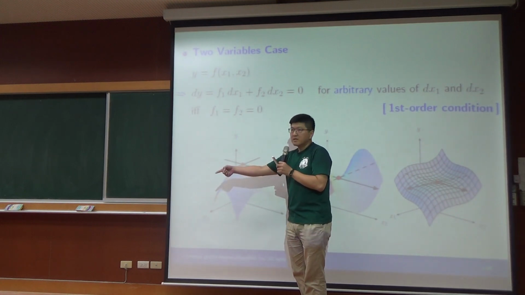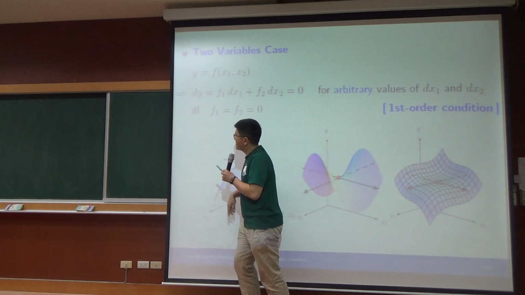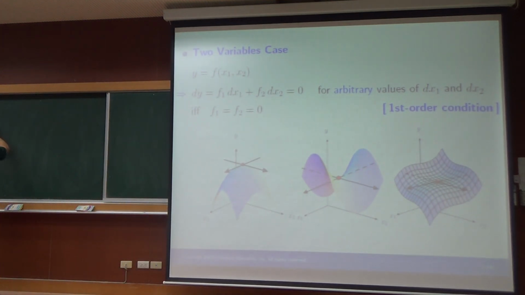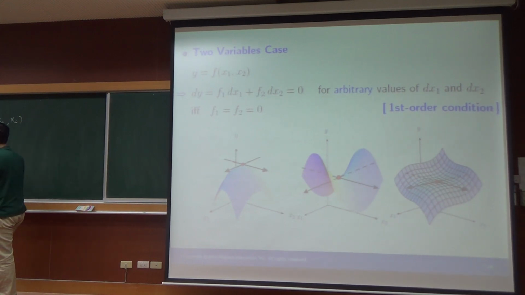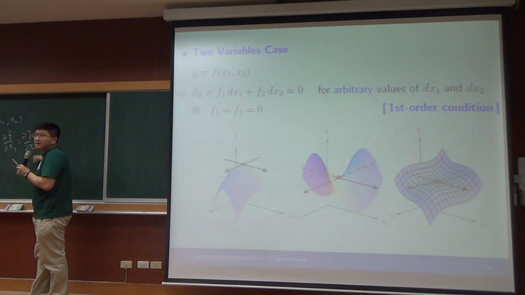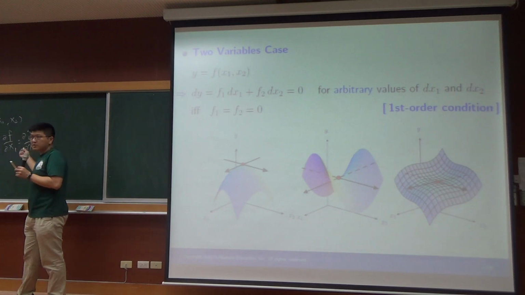So f1, which means the partial, now y is f of x1 and x2. And we define f1 as partial f partial x1, or partial y partial x1. And all of you should know why I use partial, right?